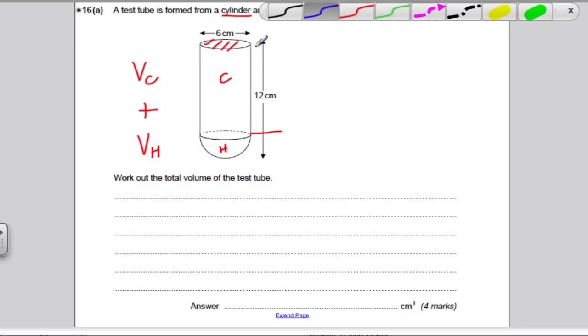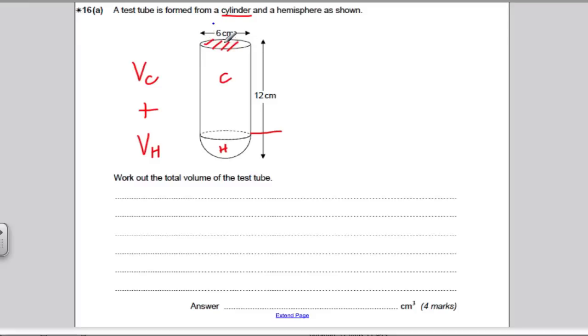If this is 6, which would be the diameter, the radius must be 3. And because it's a sphere, that distance there must be 3, because the radius from the center of the sphere must be 3 all around. So this bit here is 3 centimeters, so this bit here in particular must be 9 centimeters.